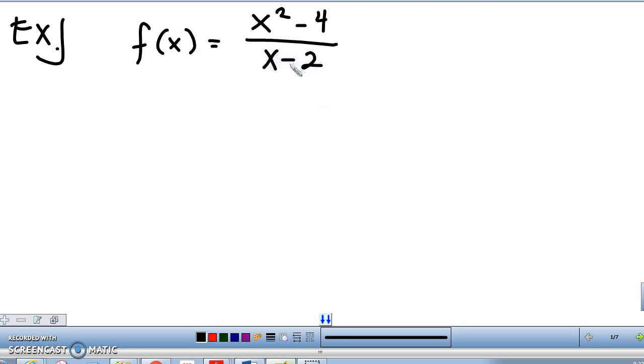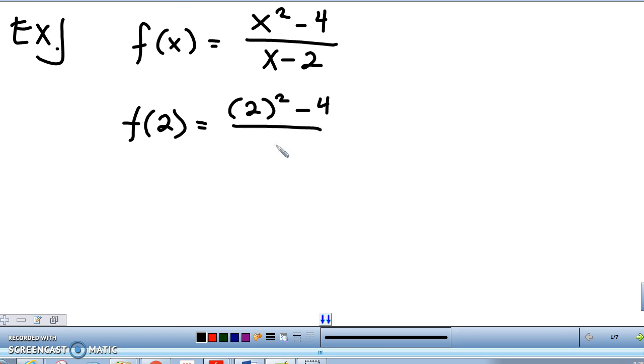When x equals 2, we get a denominator of 0. So when we do f of 2, we plug in 2, we get undefined.